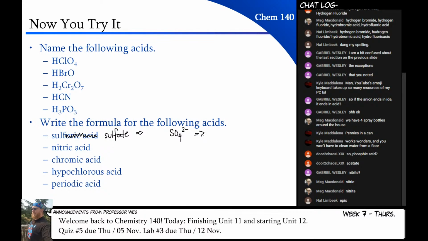With that information in mind, you should be able to write the formula of the acid, okay? That's the process that you want to go through for doing that. So write out the names and then determine the formulas, and we'll go over the answers in about 5 minutes or so. So we'll see you in a bit.